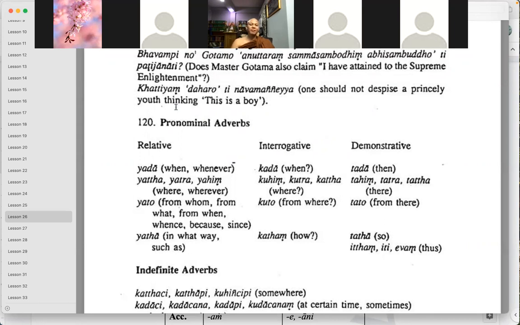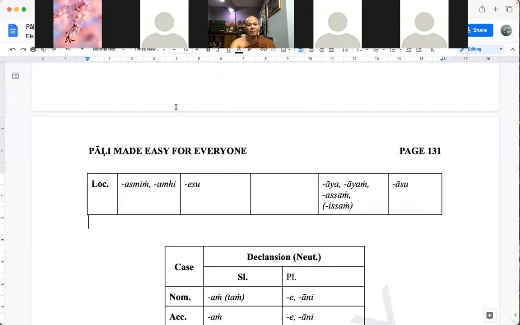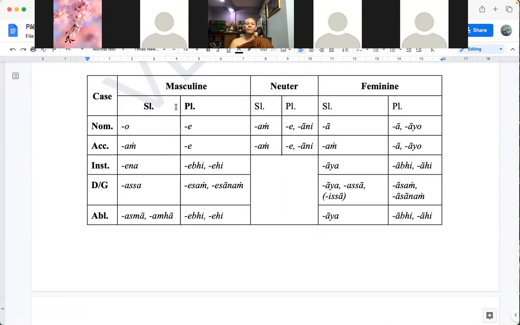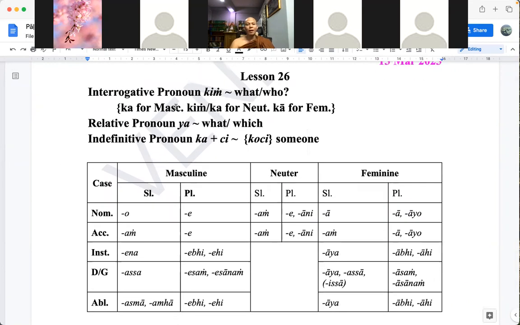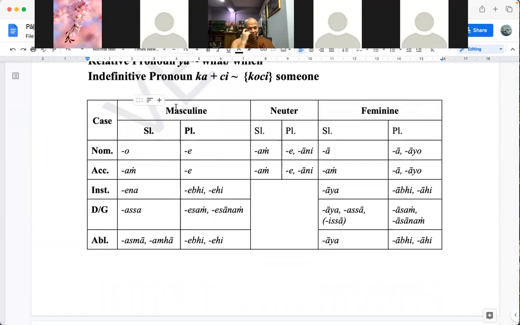The first one is the table that Bhante has just consolidated for all the pronouns. For the first person and the second person, it is aham, and tumha.